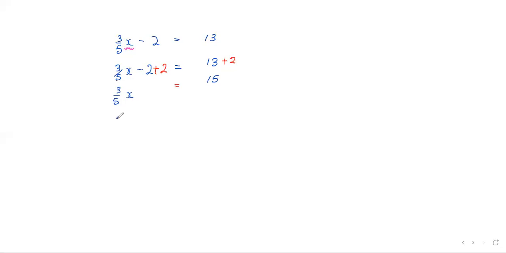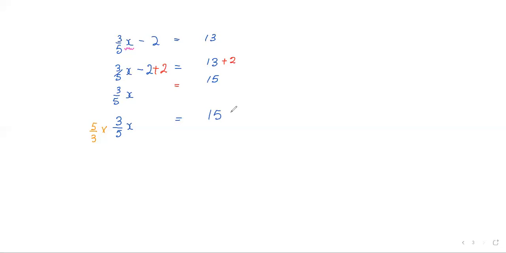We need to get rid of 3/5, which is called the coefficient of x. We are going to multiply by the reciprocal of 3/5, and the reciprocal of 3/5 will be 5/3.